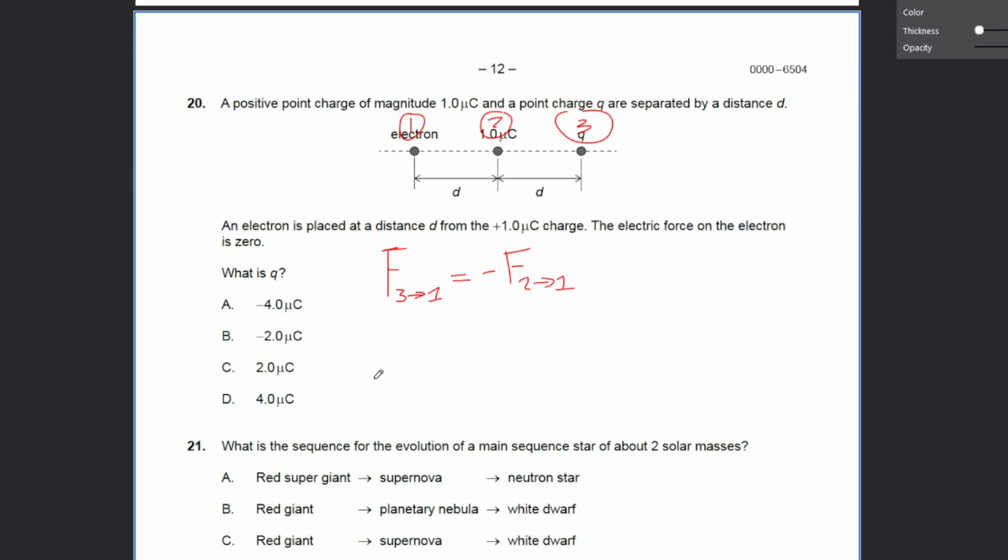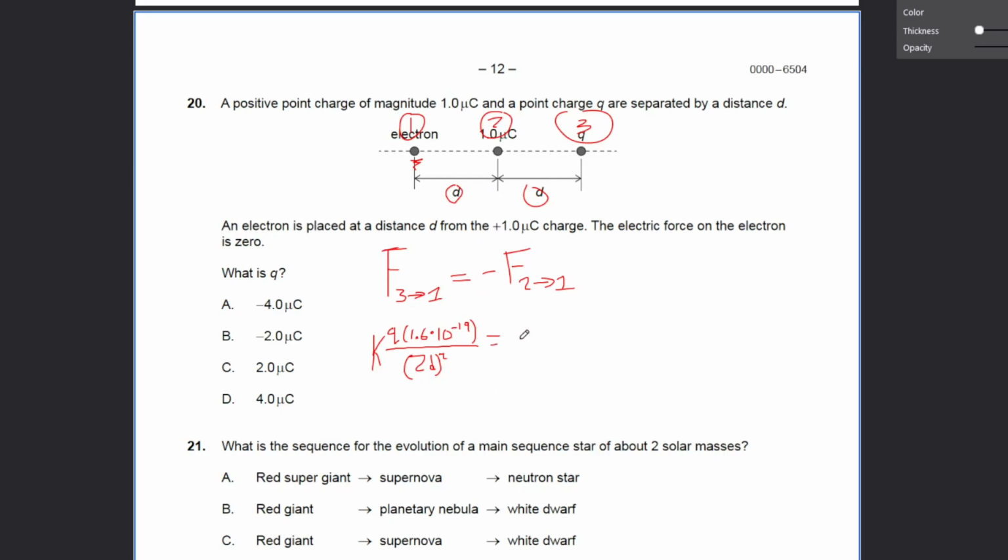So let's solve this. This I can write as k times Q times 1.6 times 10 to the negative 19. All right, this is charge 2, which is the electron. And you can find this value at the start of the data booklet. And then we actually have 2d, and that's squared. So that's the distance between them.